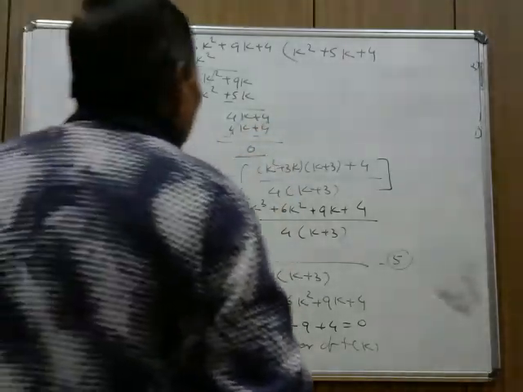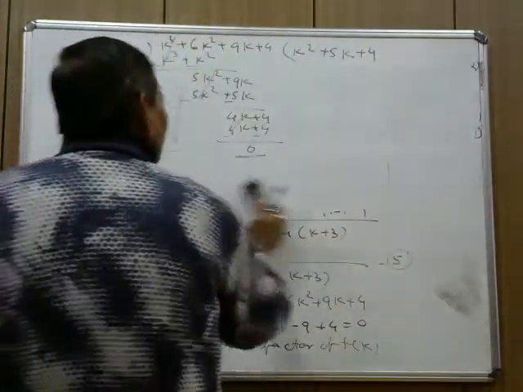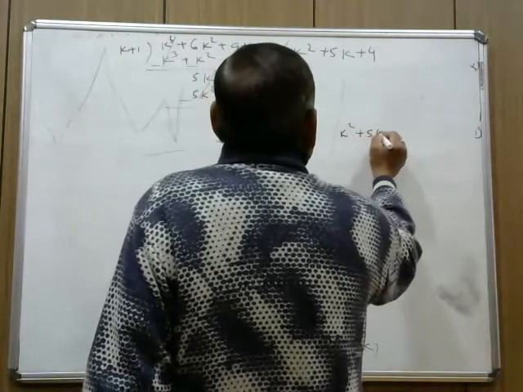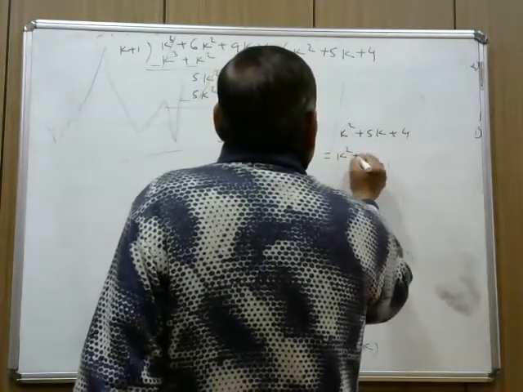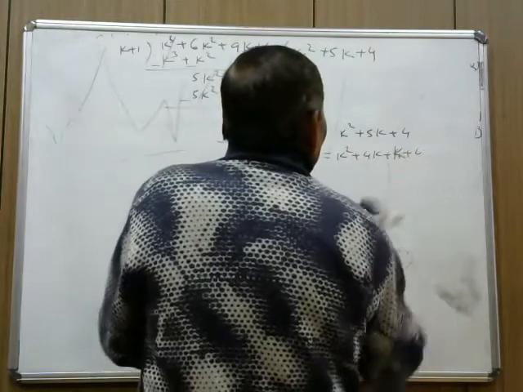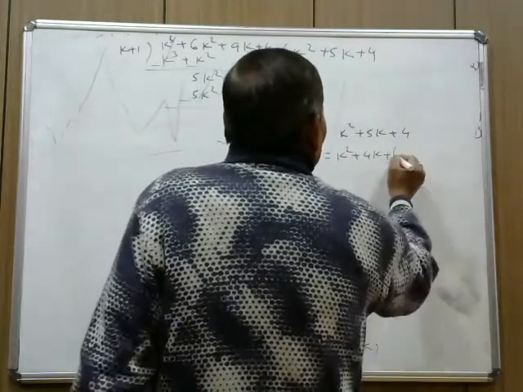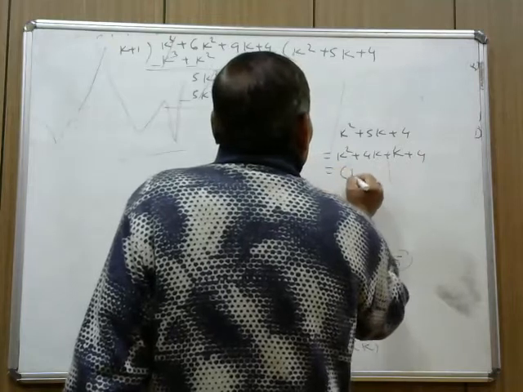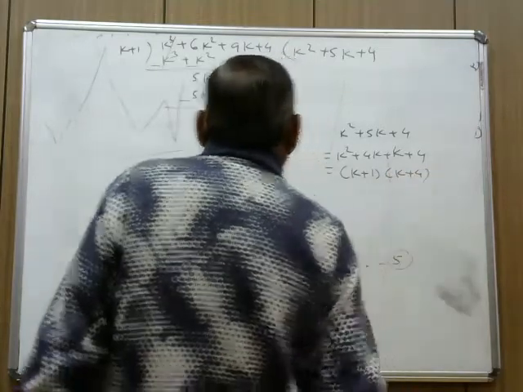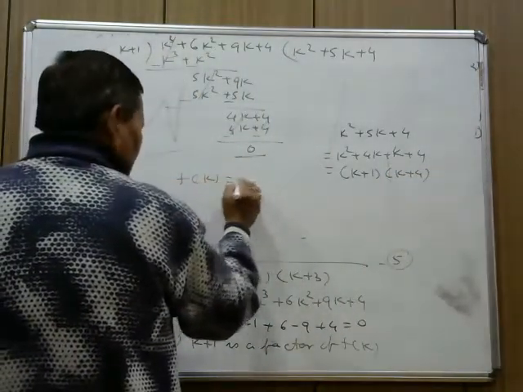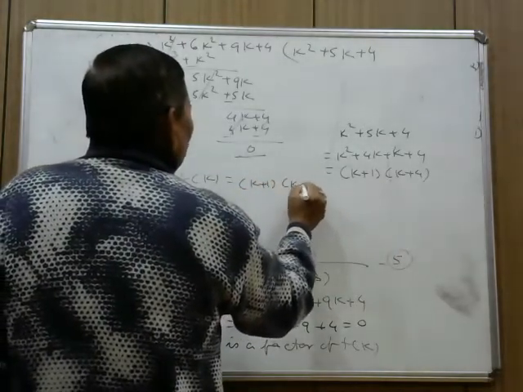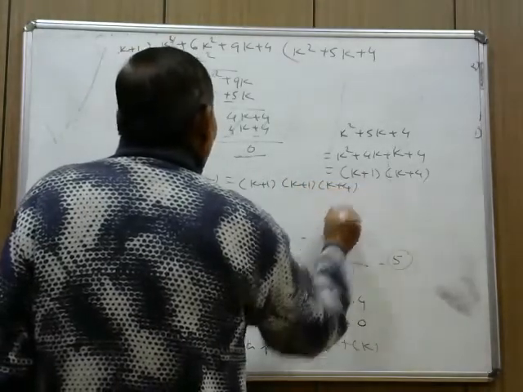Now you can write the factors of k square plus 5k plus 4 equal to k square plus 4k plus k plus 4, so your factors are k plus 1 into k plus 4. So f k can be written as k plus 1 into k plus 1 into k plus 4.